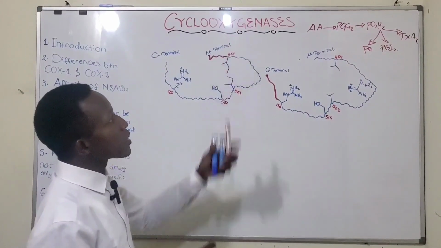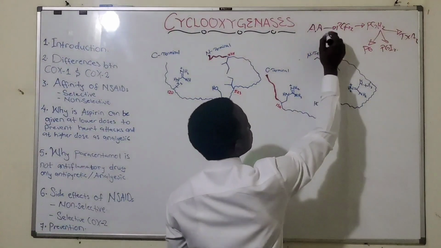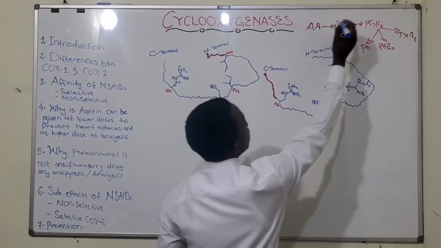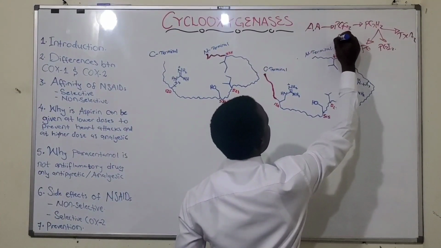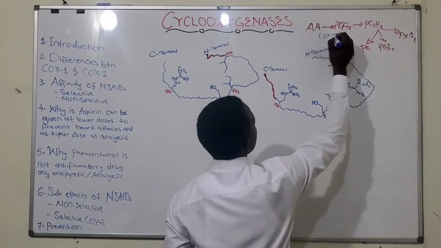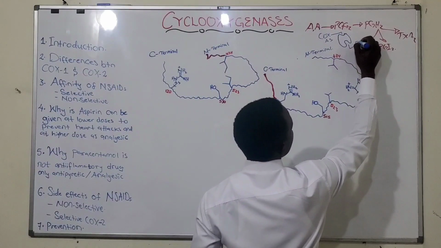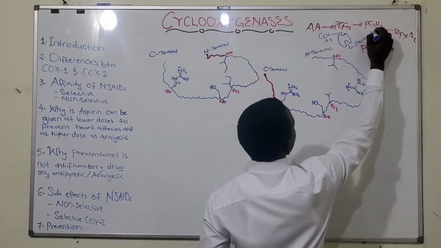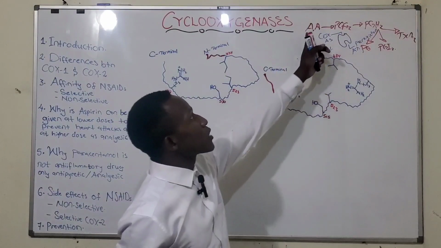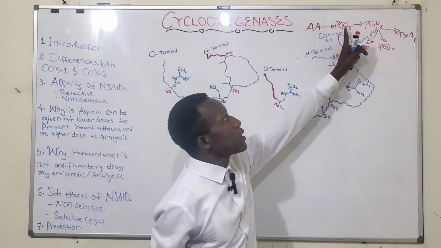Cyclooxygenases are the enzymes which convert this arachidonic acid to prostaglandin G2 and then H2, as they have two active sites. It has the COX active site, and the peroxidase active site. When the arachidonic acid comes to the COX part, it is converted to prostaglandin G2.